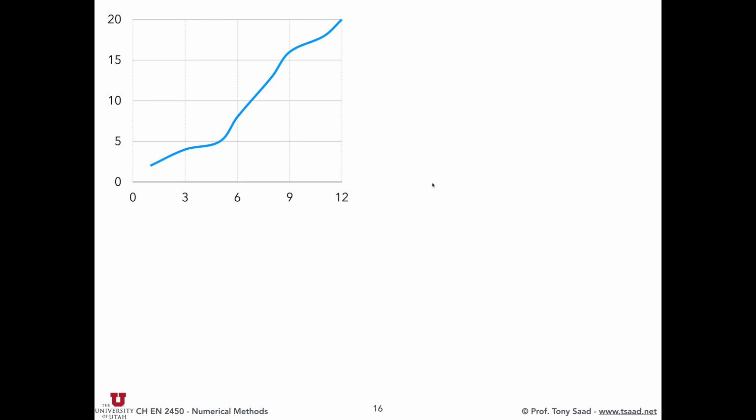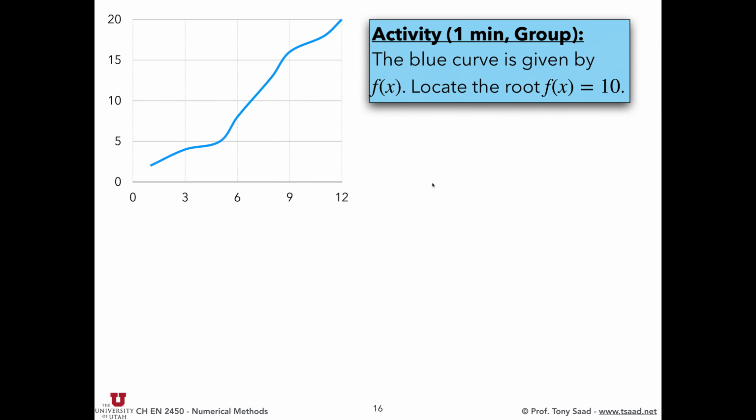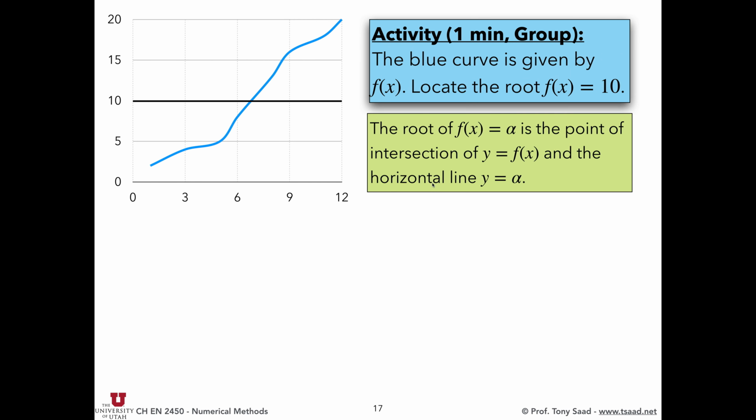Okay, so now we're going to take this other interesting looking curve, and let's say this curve is given by f of x. Locate the root of f of x equals 10. Take a minute, pause the video, and try to locate the root of f of x equals 10. Okay, so what you've probably done is draw a line at the y value equal to 10 and find the point of intersection where f of x intersects with the line y equals 10.